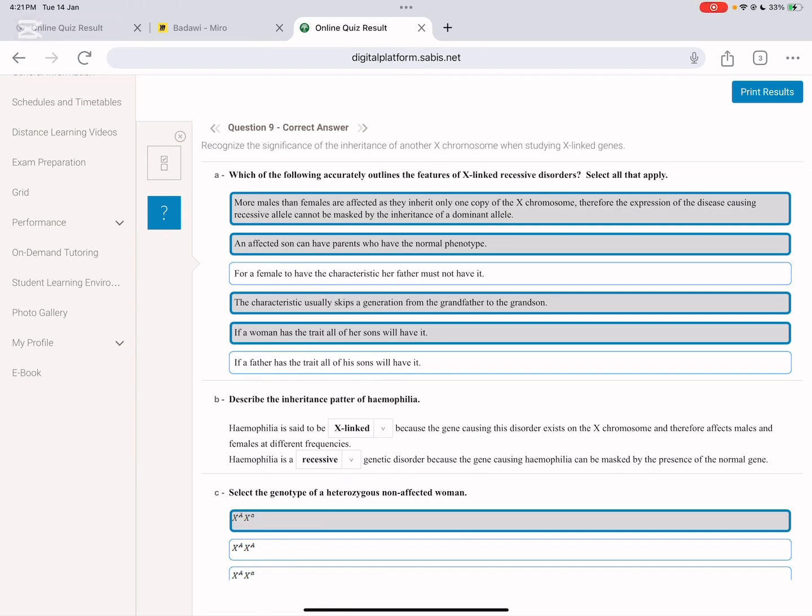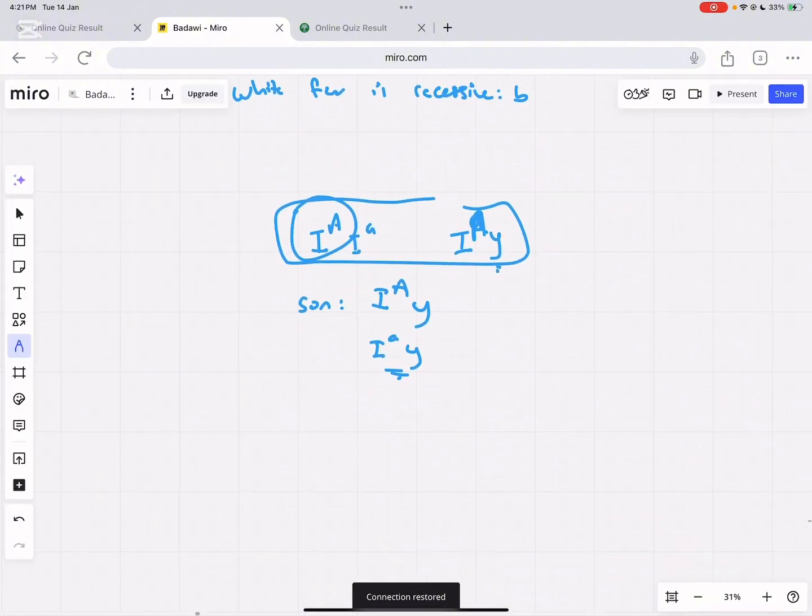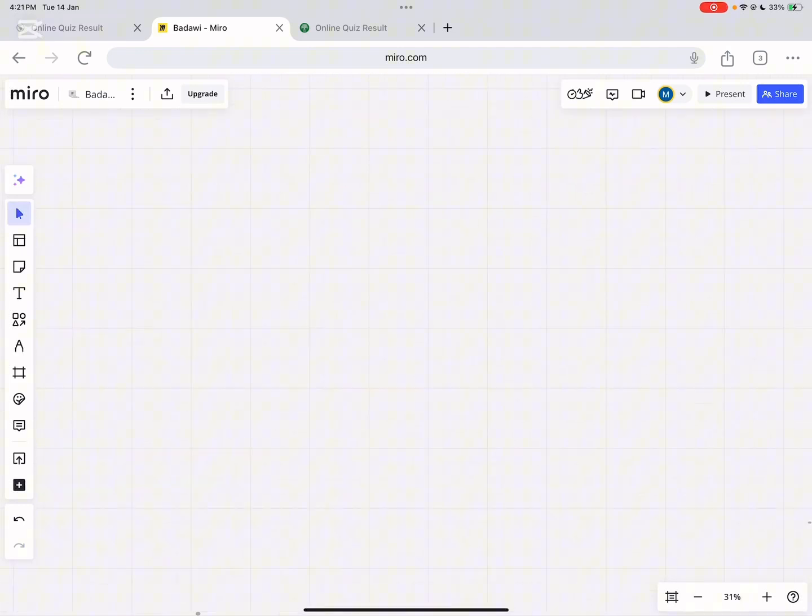Which of the following accurately outlines the features of X-linked recessive disorders? More males will be affected, we already spoke about it. An affected son can have parents who have the normal phenotype. I can show it right here. Let's say the female has XA and XA, and the male has XA and Y. The female and the male have normal phenotype.